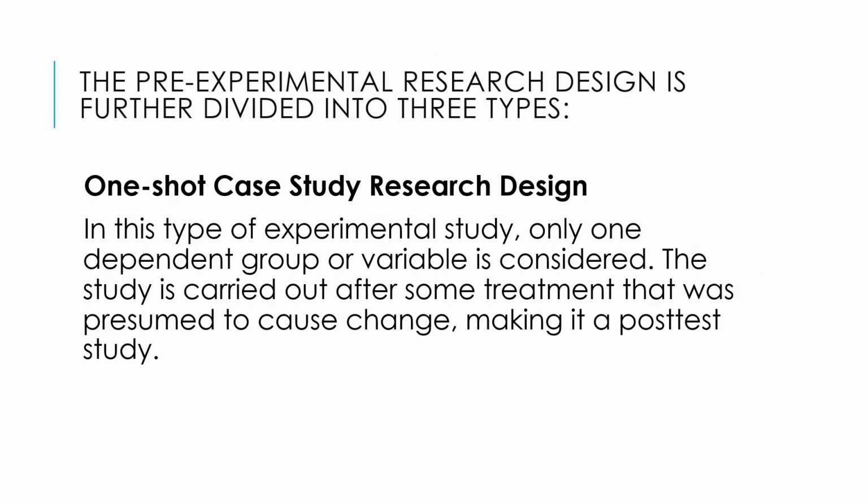This type of experimental study uses only one dependent variable or group. The study is carried out after some treatment that was presumed to cause change, making it a post-test of the study. So, only one dependent variable is considered here.